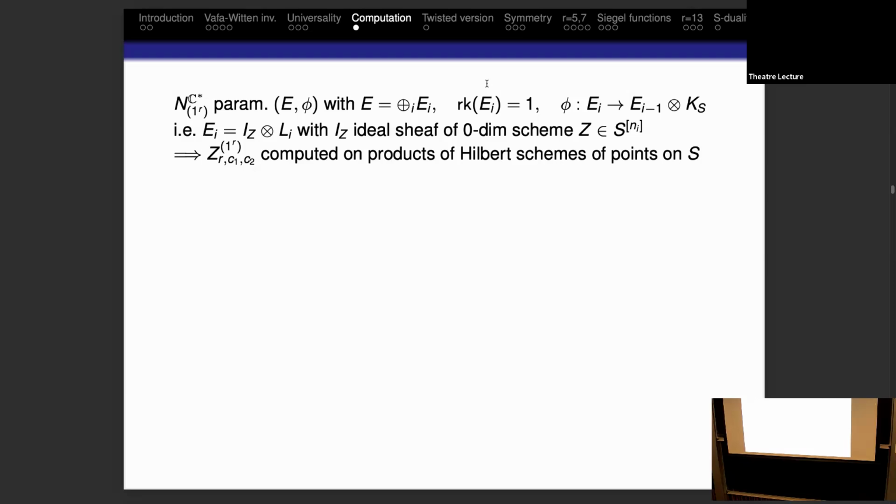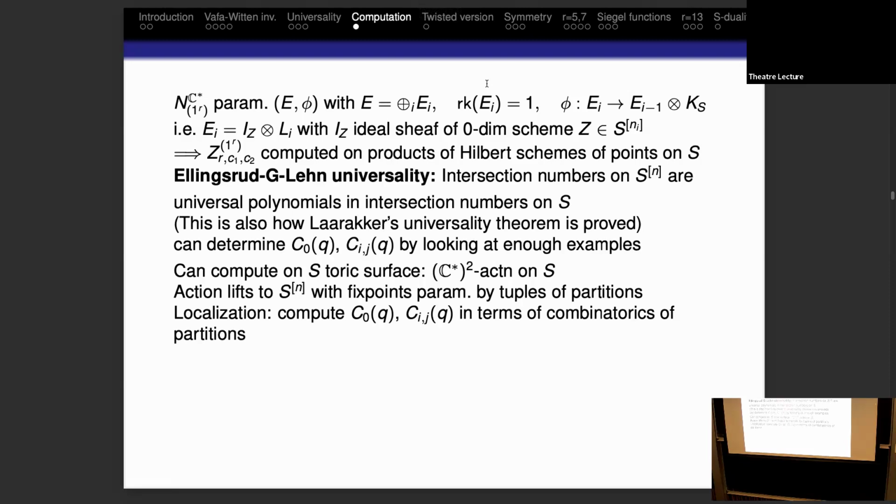certain intersection number there. And in fact, there is an old theorem with Ellingsrud and Lehn, which is a universality theorem for Hilbert schemes of points, which says that certain kinds of intersection numbers on Hilbert schemes of points are universal polynomials in the corresponding intersection numbers on S. I can explain this better if you want.